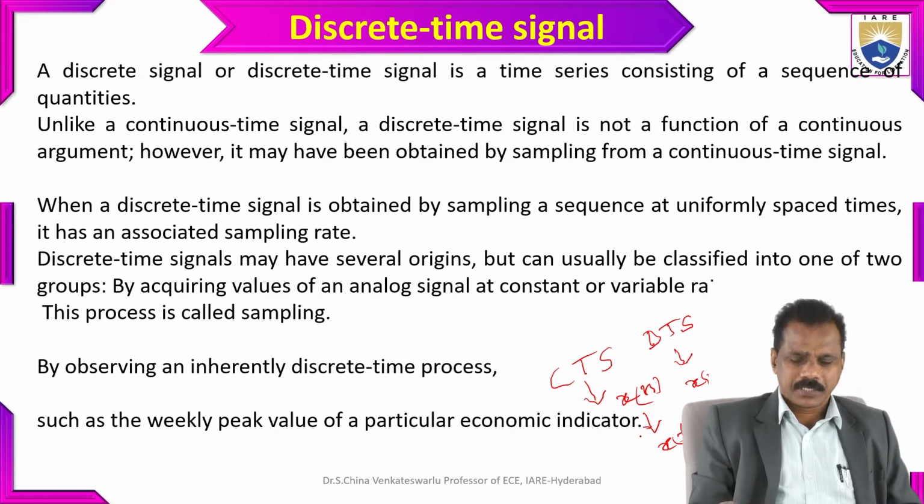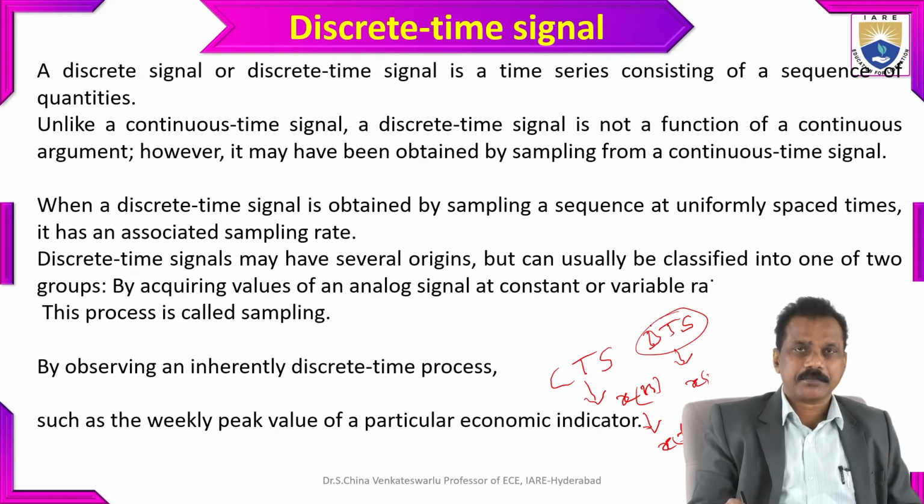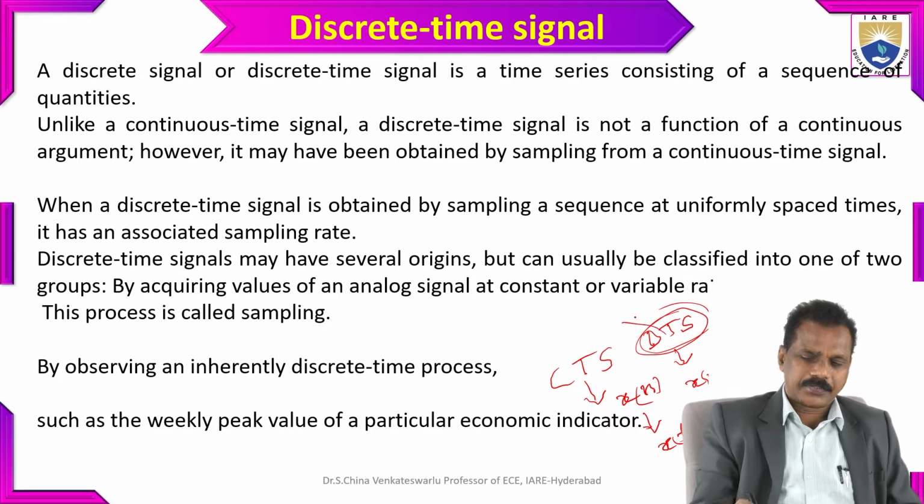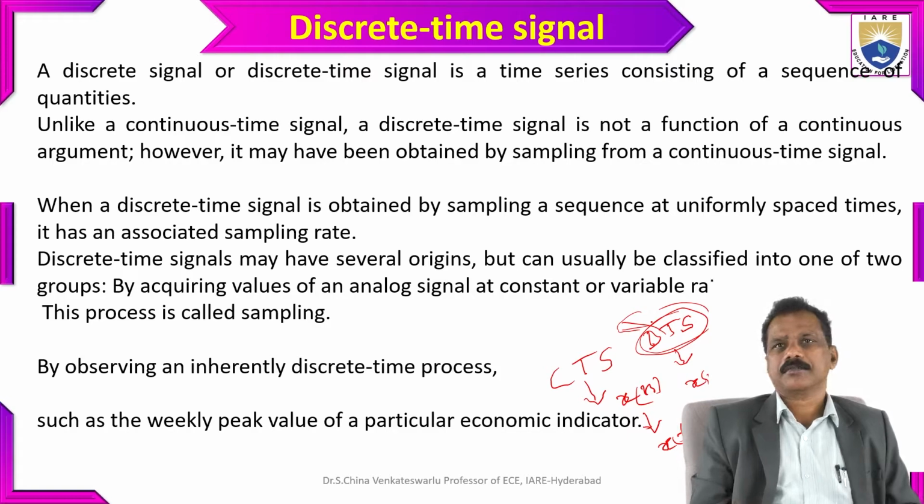When a discrete time signal is obtained by sampling the sequence at uniformly spaced times, it has an associated sampling rate. The discrete time signal may have several origins, but can usually be classified into one or two groups.